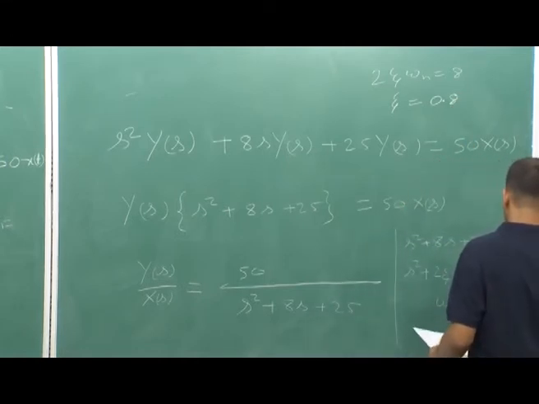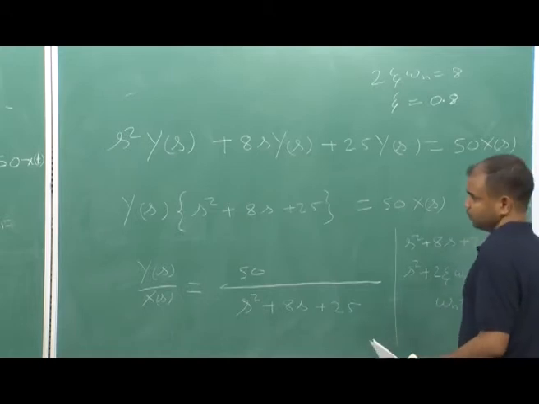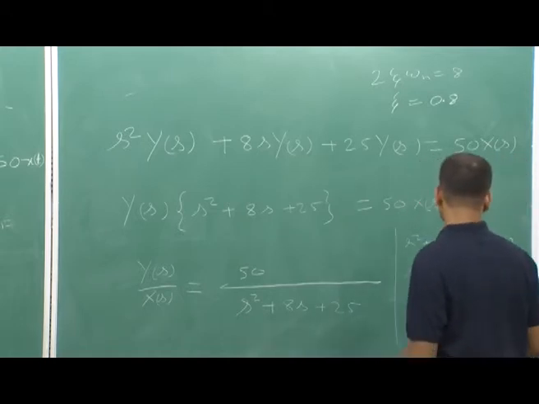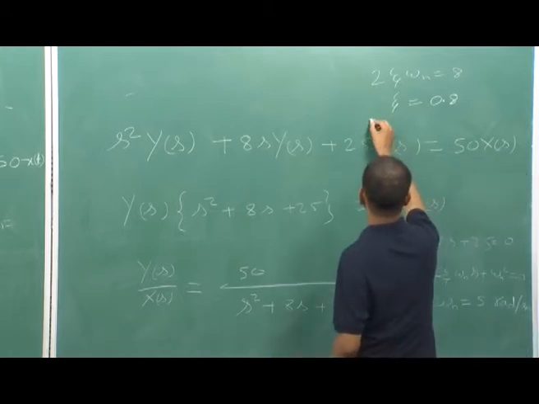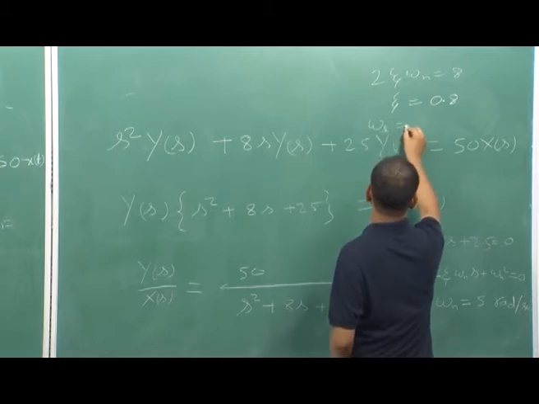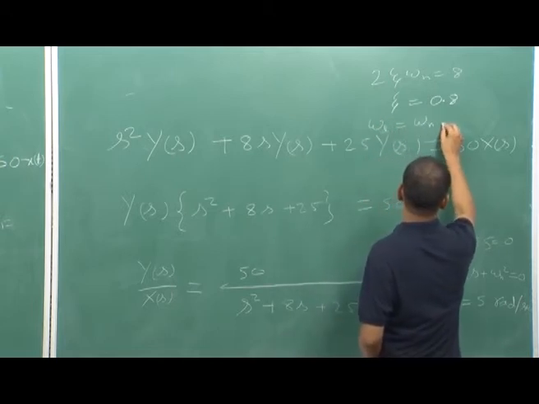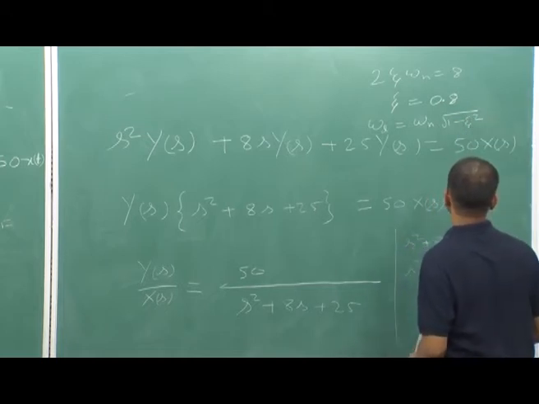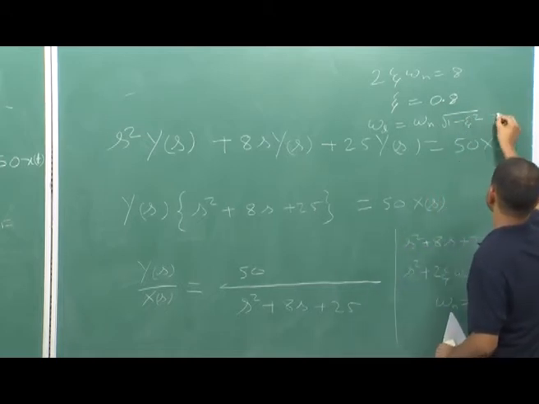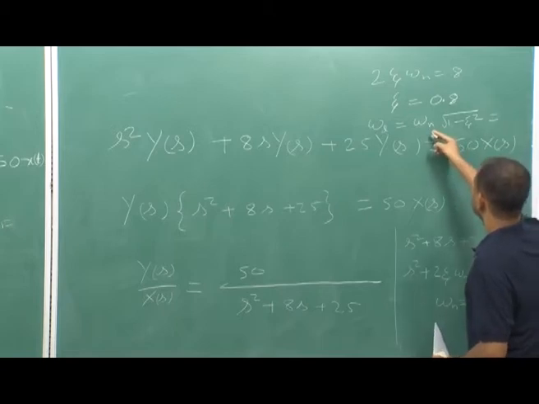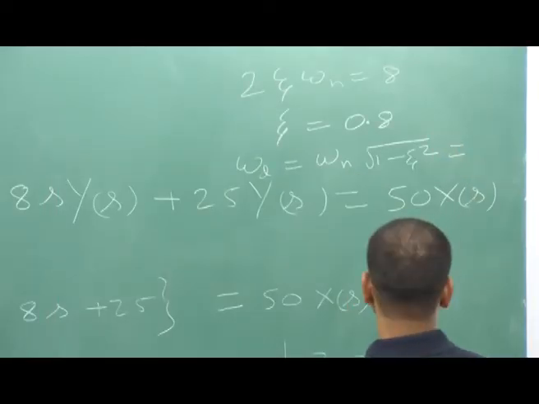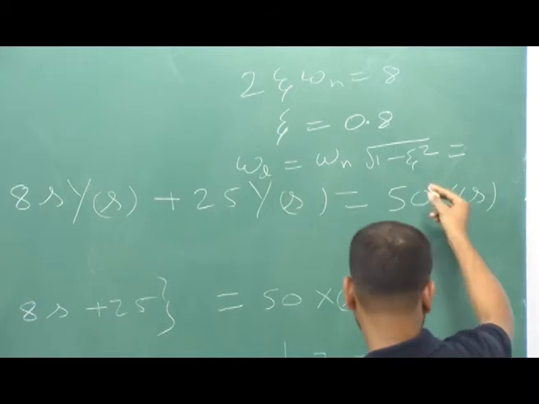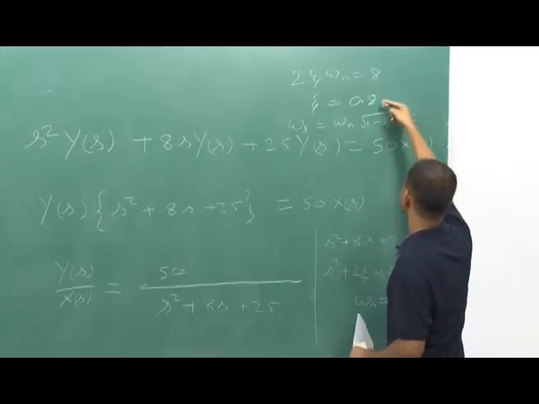and the omega d, we can write omega d is omega n root over 1 minus zeta square, where omega n is 5 radian per second and zeta is 0.8.